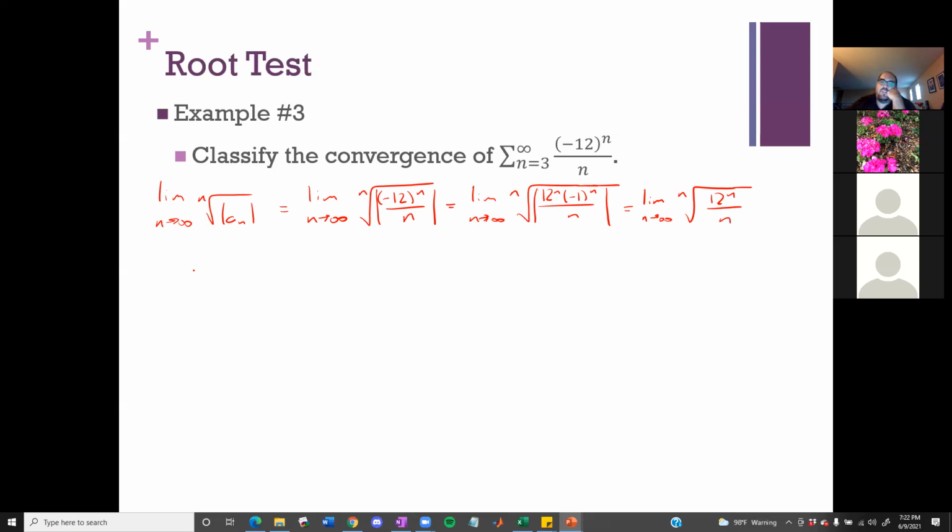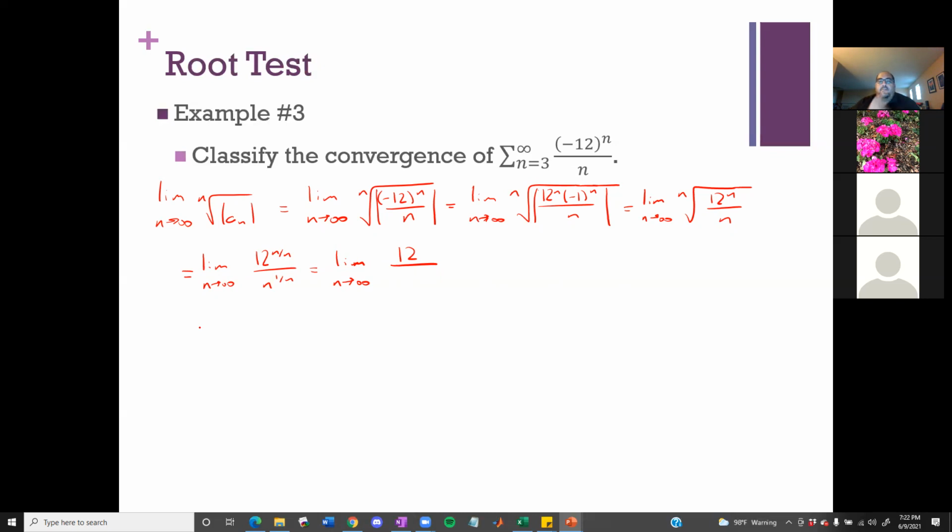So now I'll go with that suggestion from before. What I get here is 12 to the n over n over n to the 1 over n. So 12 to the n over n just becomes 12.